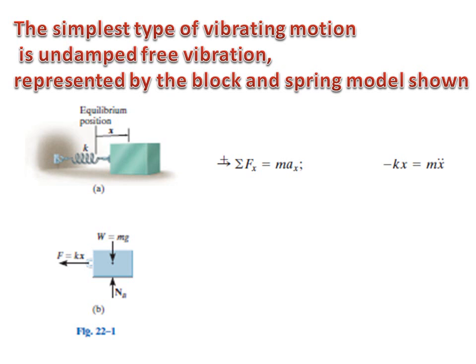What does that mean? x is the displacement, k is the stiffness, m is the mass, and x dot dot is the second derivative of x, which is the second derivative of displacement. The first derivative of displacement is velocity, and the derivative of the velocity is acceleration. Thus, x dot dot is similar to a sub x.